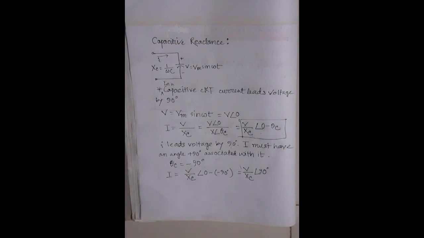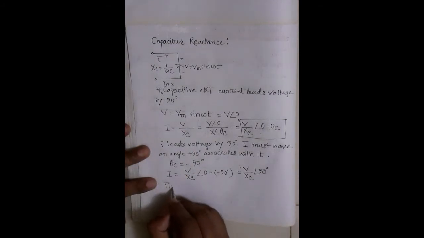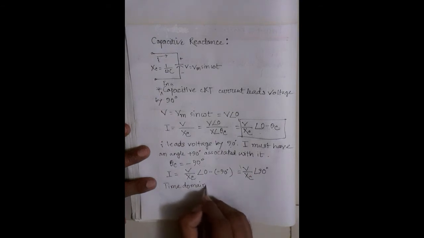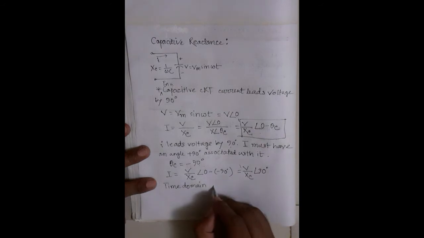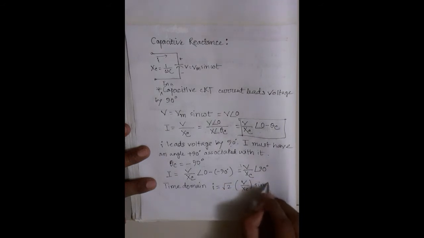And in terms of the time domain, if we want to write this down, this is also fine, but this is not that important for solving our numerical problems, but still it might be needed somewhere else. So let me write this down as well. I equals square root of 2 V over XC sine of omega t plus 90 degrees.